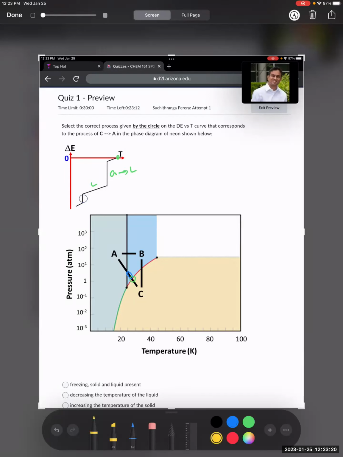Let me mark that with yellow at this point. Temperature is not changing, but energy is released from the system to convert the liquid to solid. And then once everything is converted to solid, when the temperature of the solid decreases, the energy also should decrease. So these are the regions. So what is happening here is freezing. Liquid is becoming a solid.